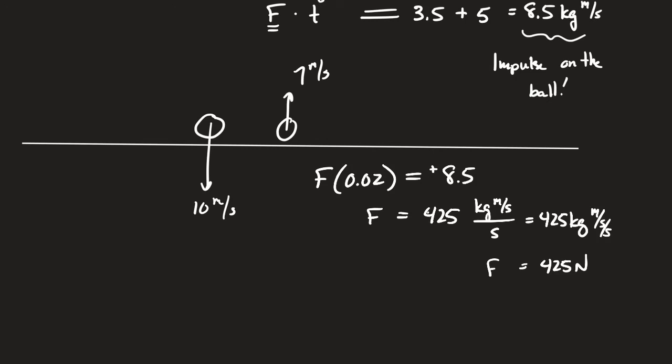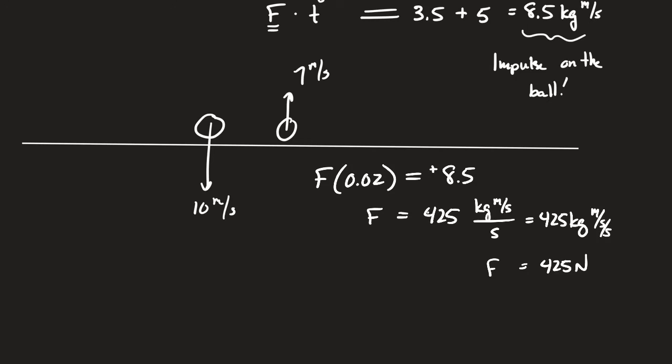By the way, this is not the answer. This is the force on the ball. What did I ask for? I asked for the force on the ground. If you want the force on the ground, what would you have to do? I'm not getting the answers I wanted. I'm a little disappointed.